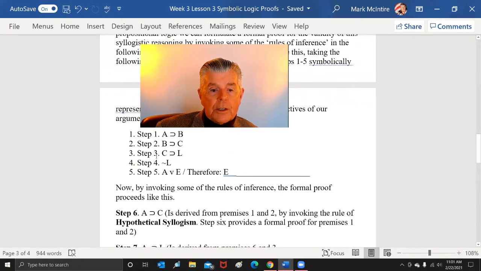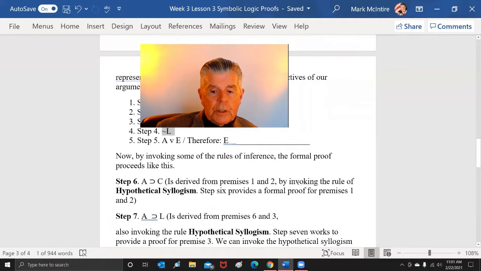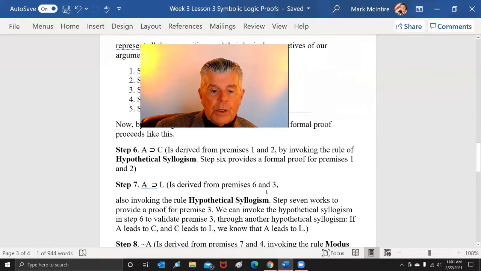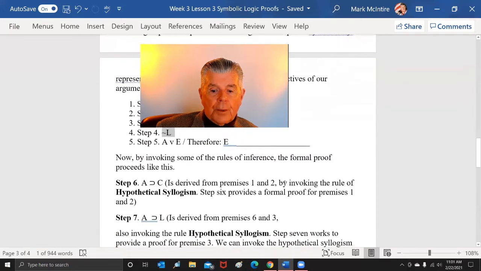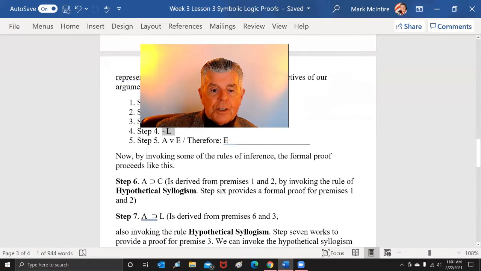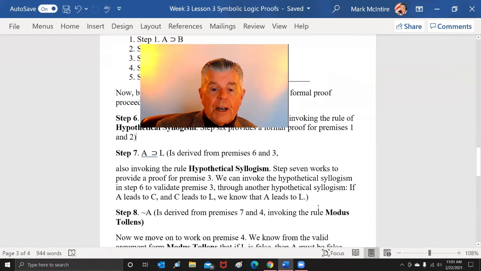If C is the case, then L is the case. But we know that not L is the case from step 4. That's one of the given premises. So from step 3 and step 6 we derive that this is the case. So by invoking the hypothetical syllogism, we're able to proceed in the argument to show its validity.